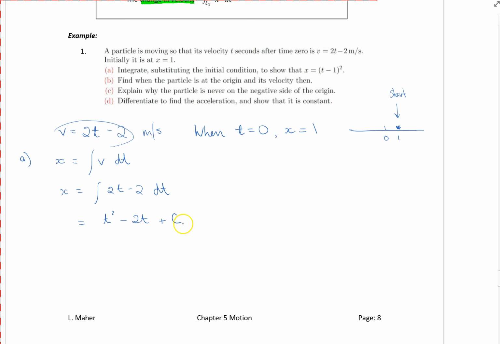It's at this point that I need to use this information here so that I can find the value of the constant. So we can see that here there is no constant. Displacement is all in terms of time and a number.